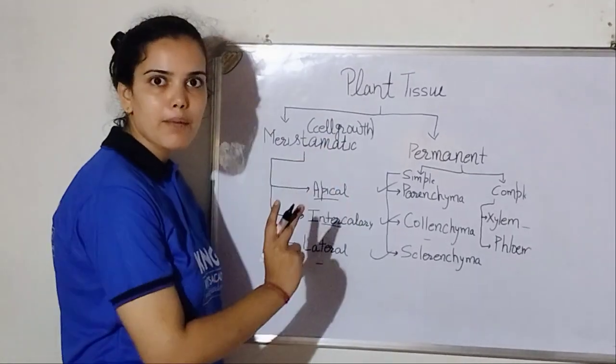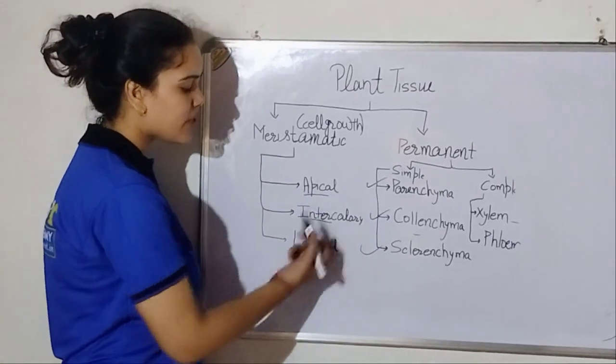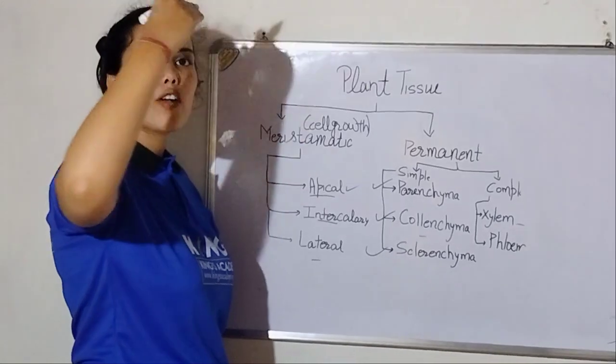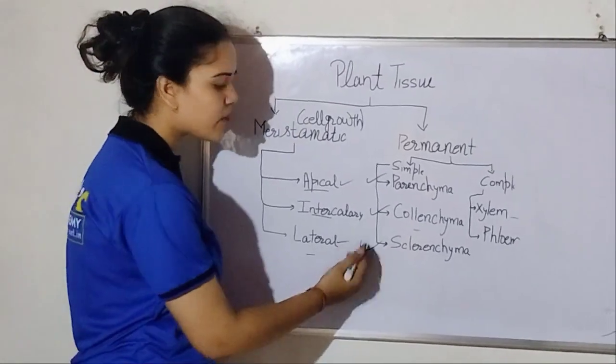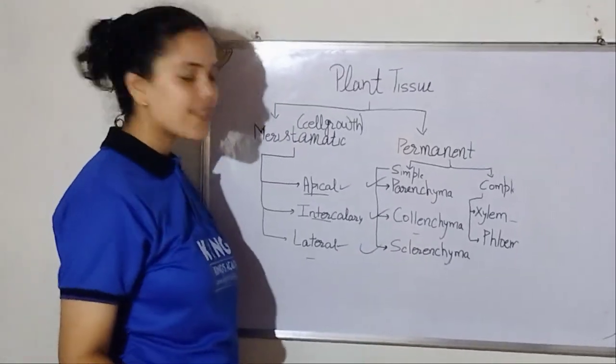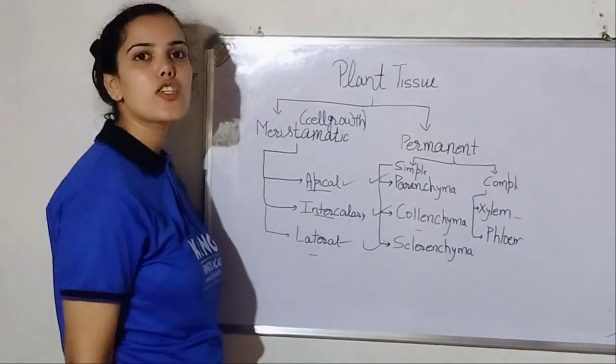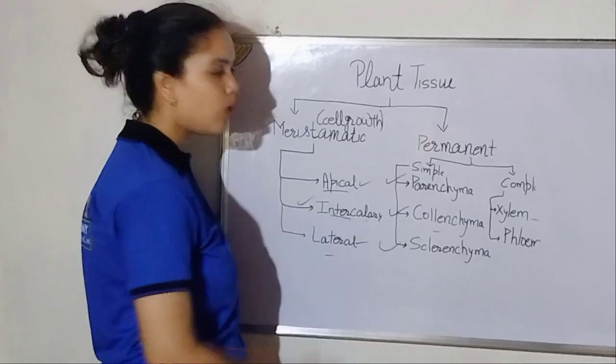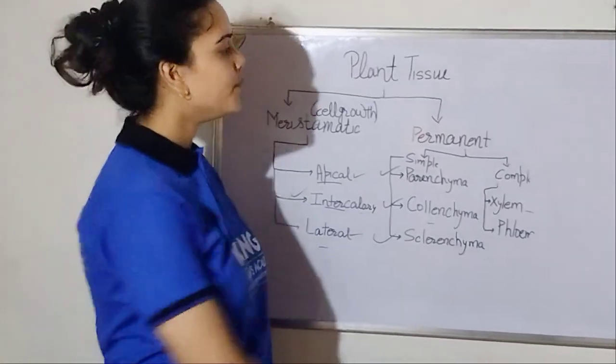There are three types of meristematic tissue: apical, intercalary, and lateral. Apical helps in the apical division of the cell. Lateral helps the stem girth to increase, and the intercalary cells, which are present at the nodes, also help the plant to grow.